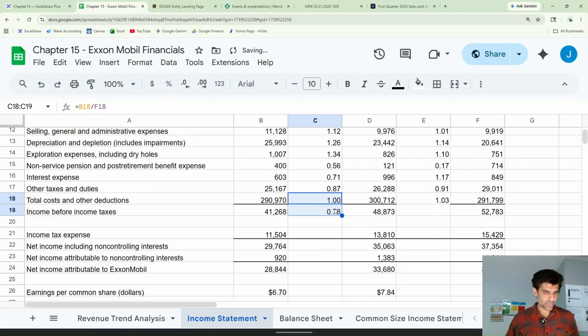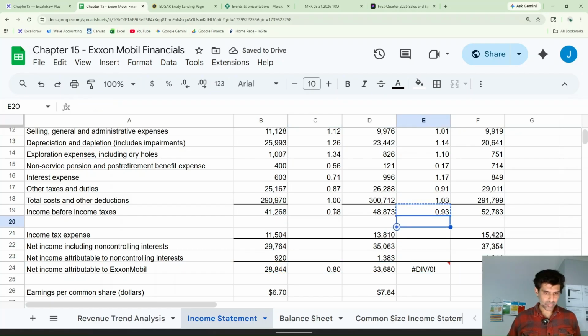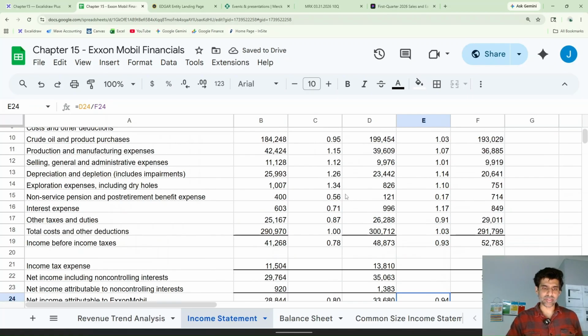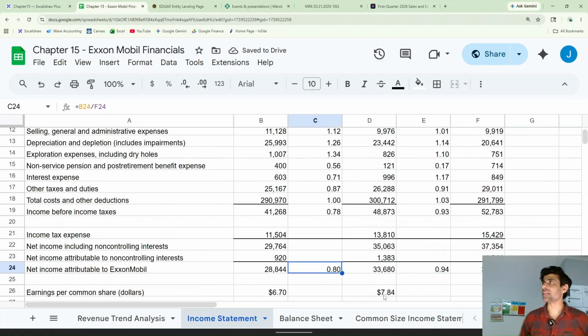And so if we look at our income before income tax, it is significantly lower. And if we did this for net income, we can see that the lower revenue is translating into significantly lower profit over time.